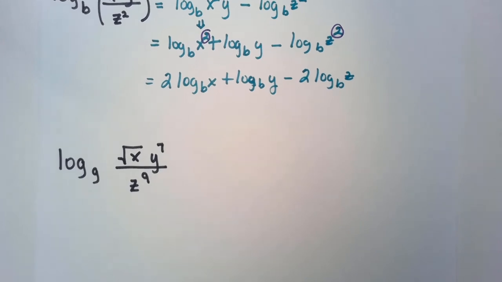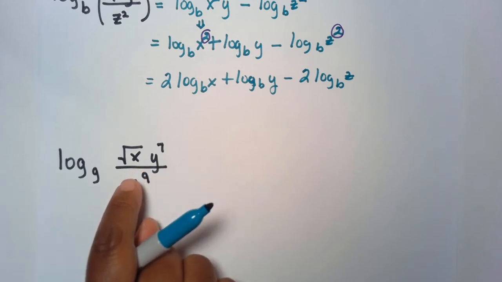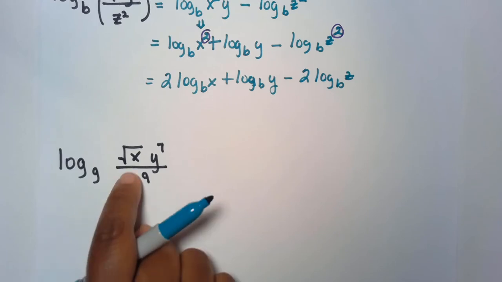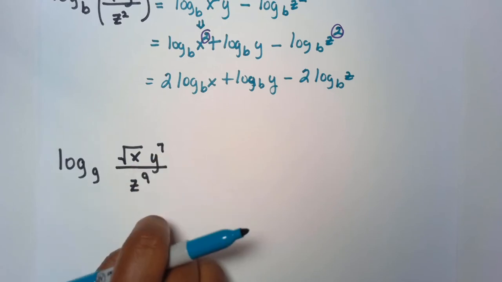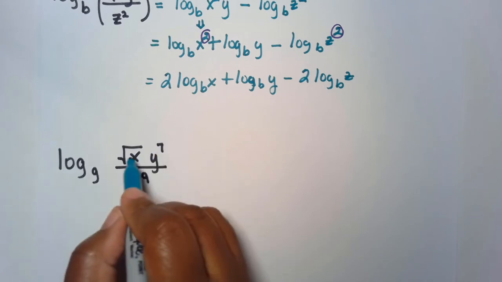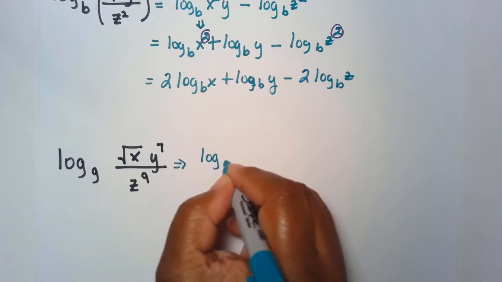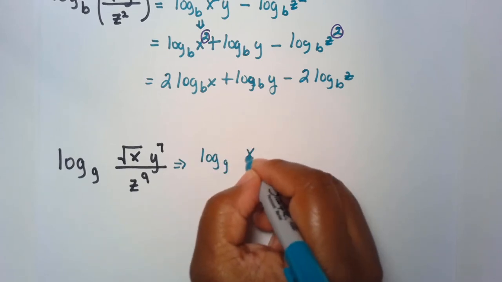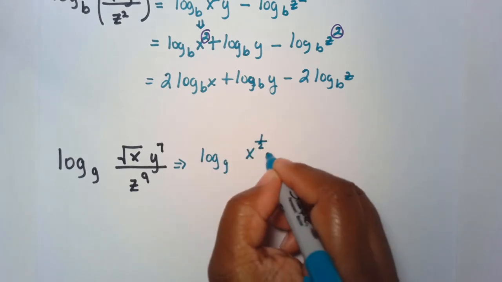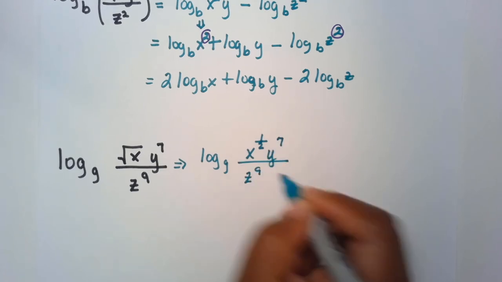Our next example. As we look at this, we have log base g of the square root of x times y to the 7th all over z to the 9th. Let's go ahead and convert this square root of x. So we have log base g of x to the 1/2 times y to the 7th all over z to the 9th.